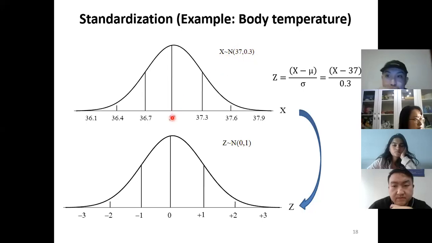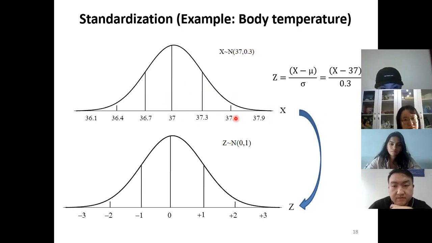Let's count: 37 plus 0.3 plus 0.3 plus 0.3. Supposing a person's temperature is 39 degrees. Is it normal? No. Where is 39 degrees? Somewhere here, right? Yeah. Not normal.